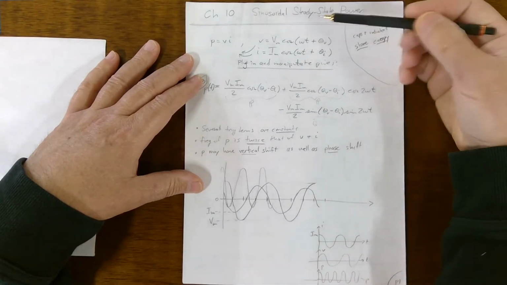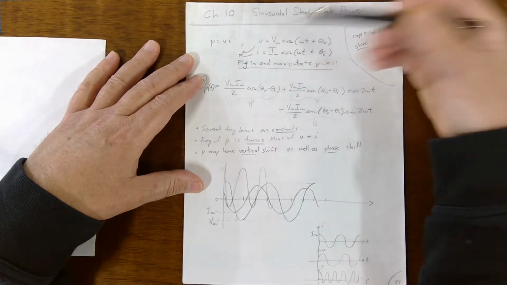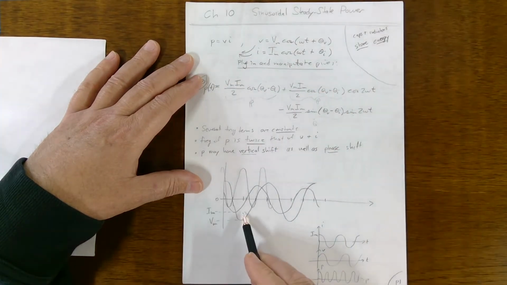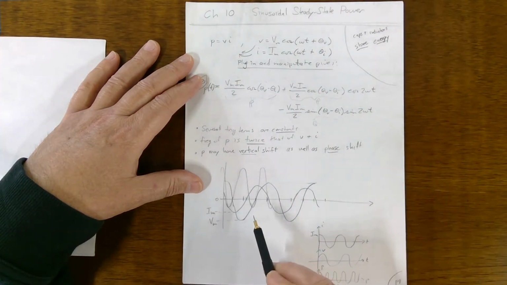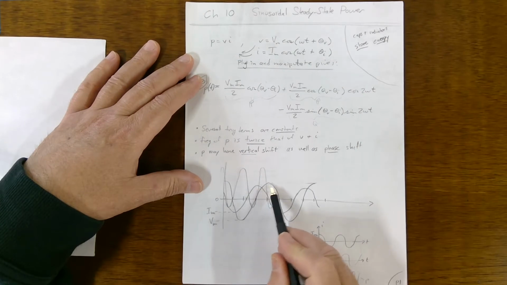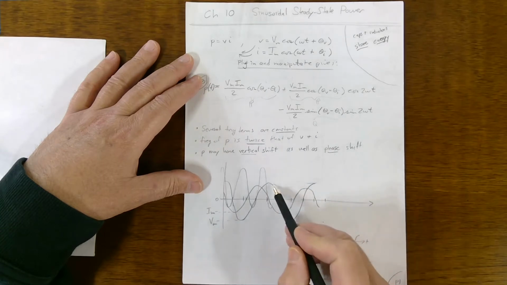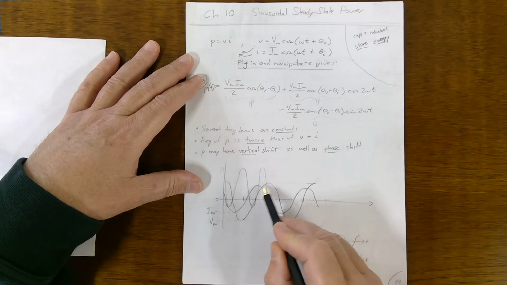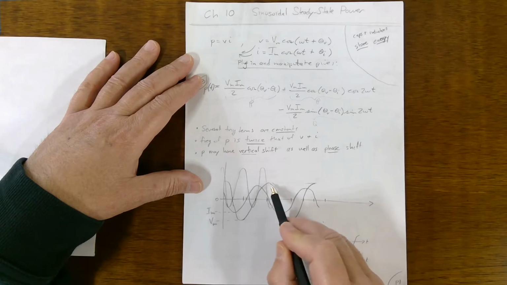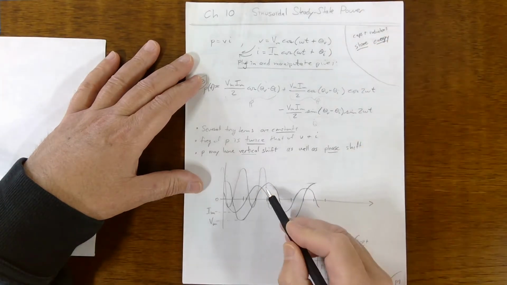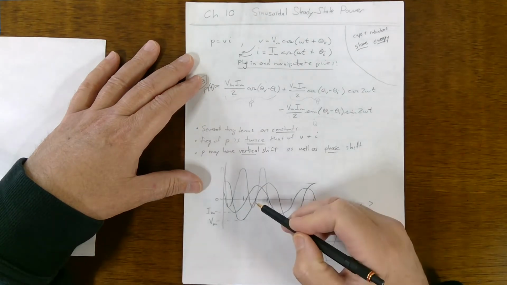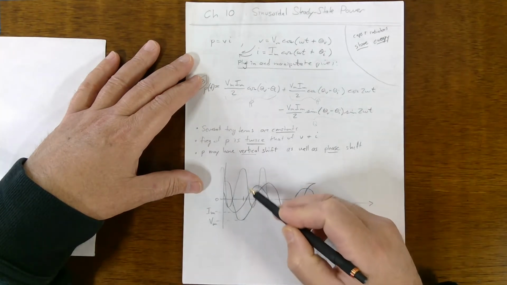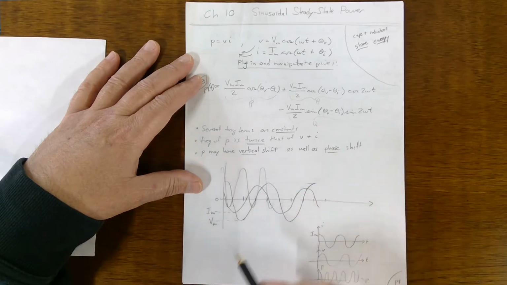Given V, I, and P, if you graphed all of these, one of these is V and one of these is I. You can't really tell, but they have a time shift given by these two angles here. And P is this other one with twice the frequency.